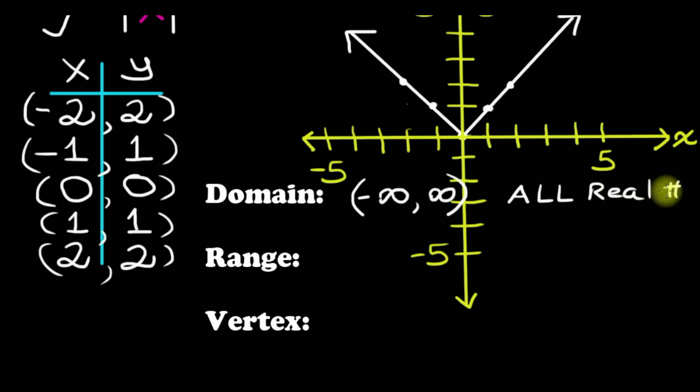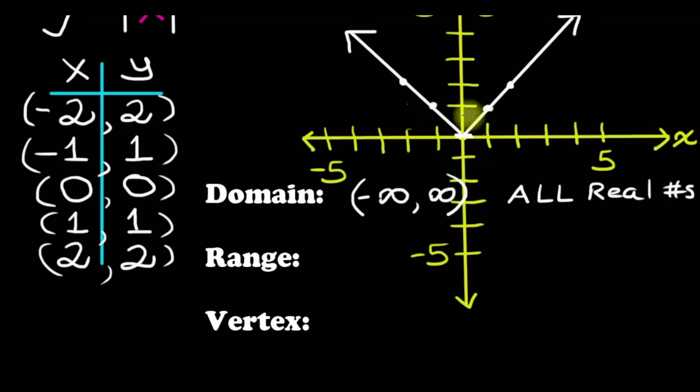Now your range is the y. If you look at the y values for this absolute value function, it starts at 0. See it? The graph does not go below 0.